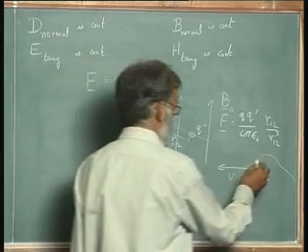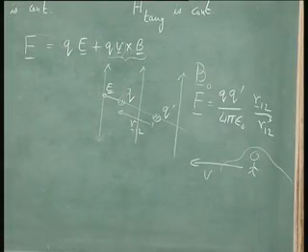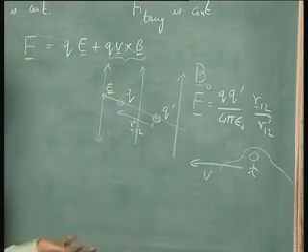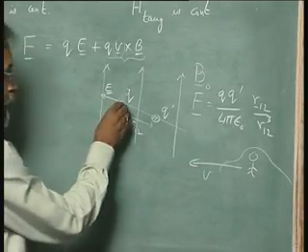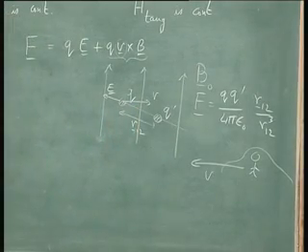But if you look at my point of view, sitting in the car, as far as I am concerned, I am stationary, I am inside the car. This charge is moving with a velocity v in the opposite direction.